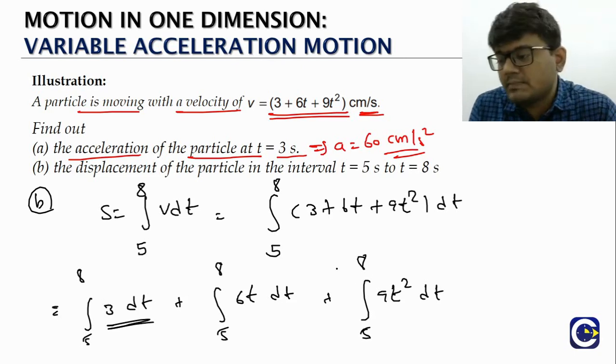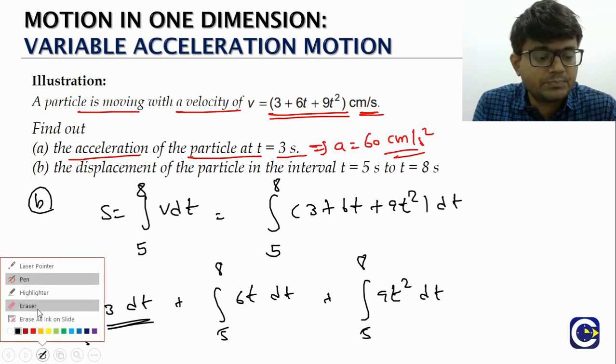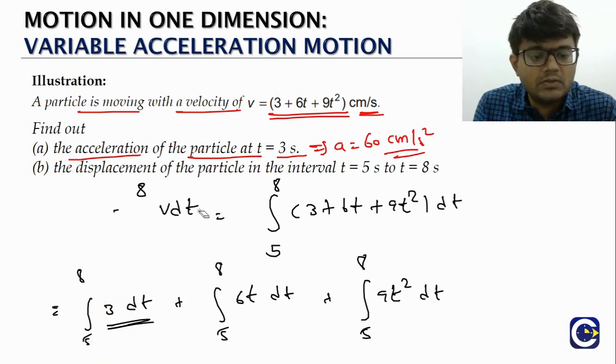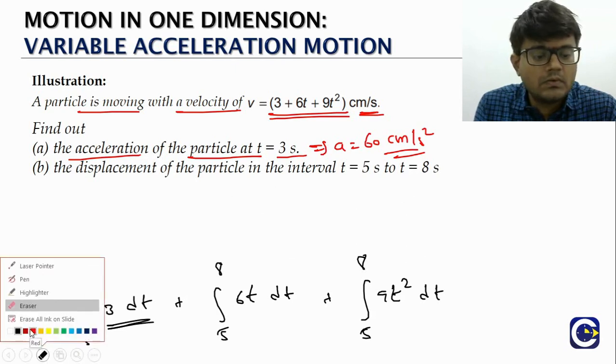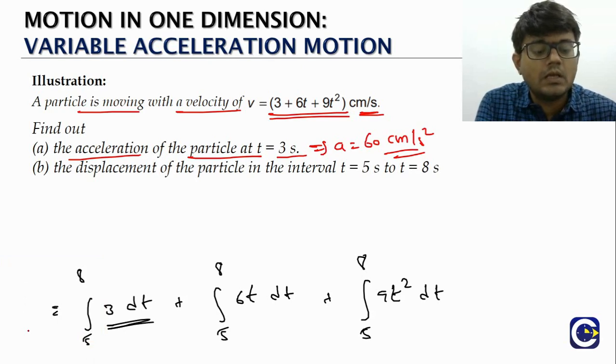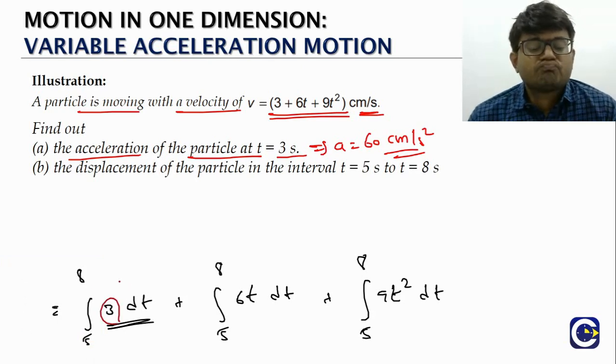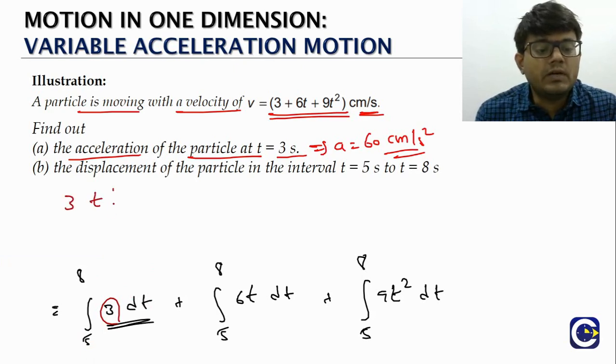So maybe we'll erase some space so that we can write the calculation part. Okay. So here 3 comes out. The remaining integral dt means t. So 3 into t, we have to substitute the limits.